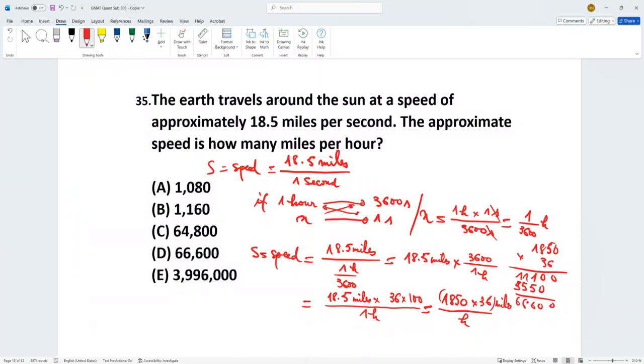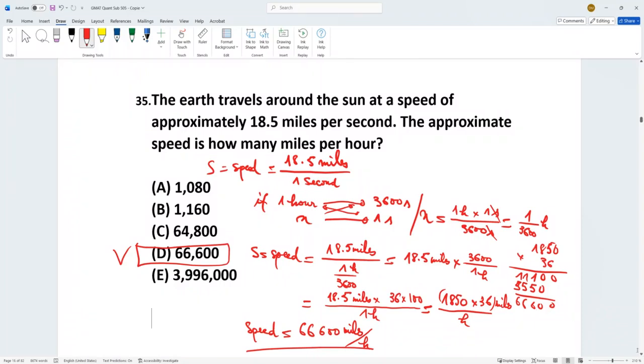Like this. So the speed is going to be 66,600 miles per hour. That's the answer, so answer D is the correct answer. That's how you find it.